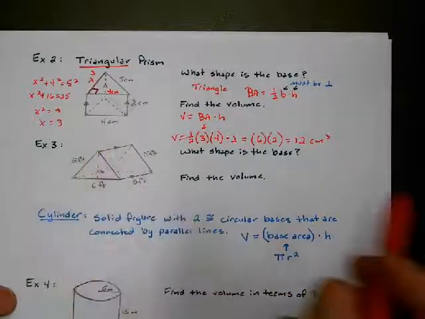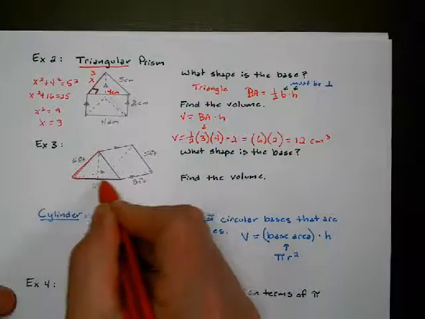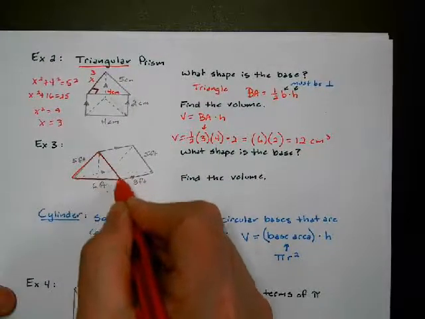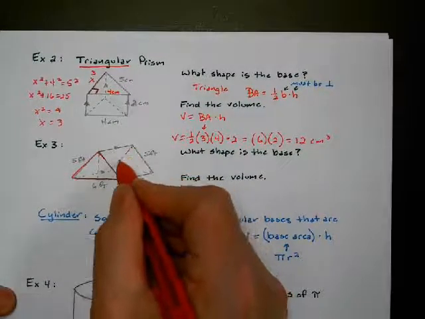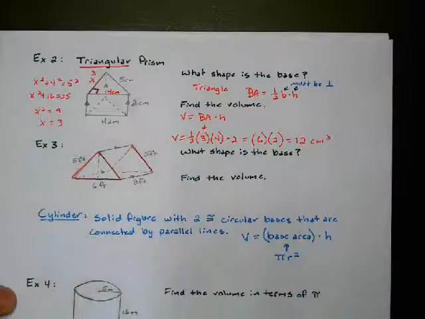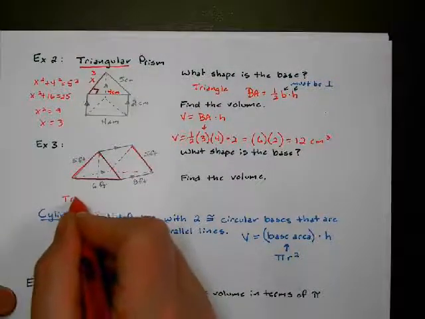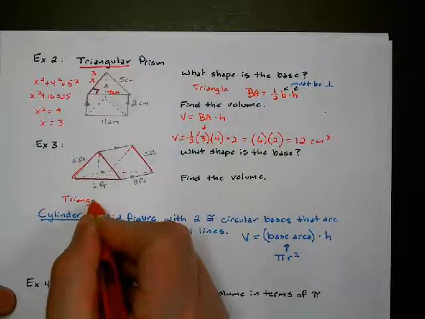So I see here that I've got a triangle out here in the front, and I've got another triangle back here in the back. Those are the two bases that have to be congruent to each other. So this is a triangular prism.